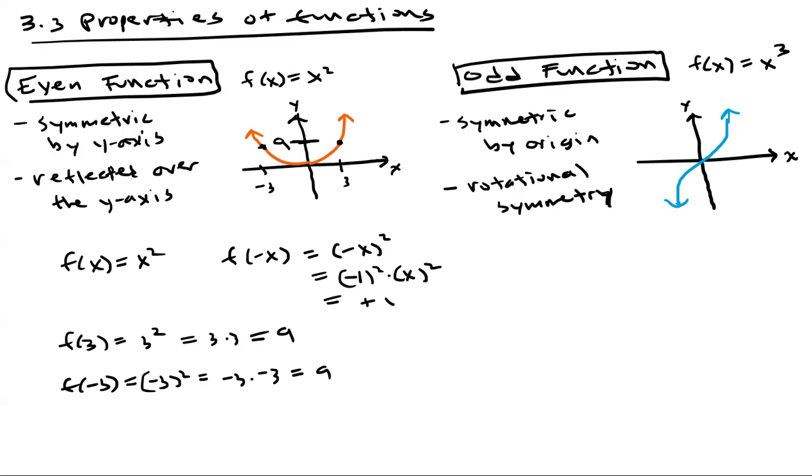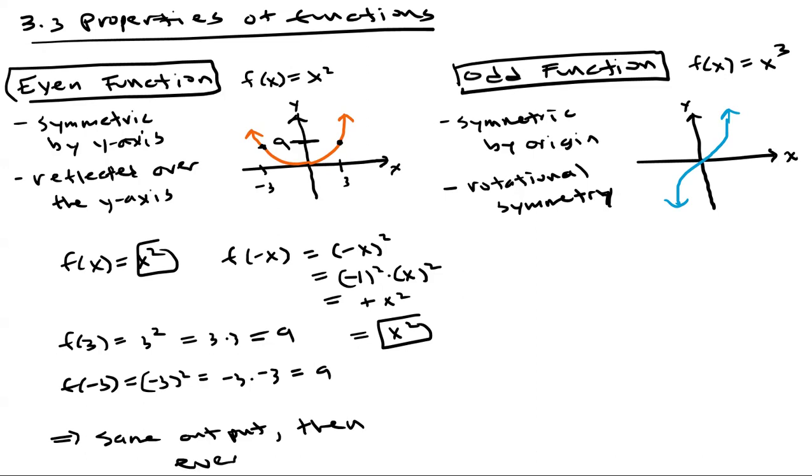So that will be a positive x squared or just x squared. Okay? So notice that at the end, we get the same output. We get the same output for our original function and when we plug in the negative x for the original function. So the bottom line here is if we have the same output, okay, then that means we have an even function. Okay, we have an even function.